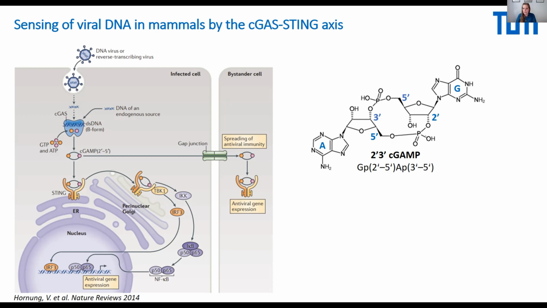So it is a 2',3' linkage, so it goes like this all the way around this cyclic dinucleotide. And this is detected by what we call an adaptor protein that's called STING. And STING is then the one that relays the signal and in the end activates the transcription that produces the antiviral state of the cell.